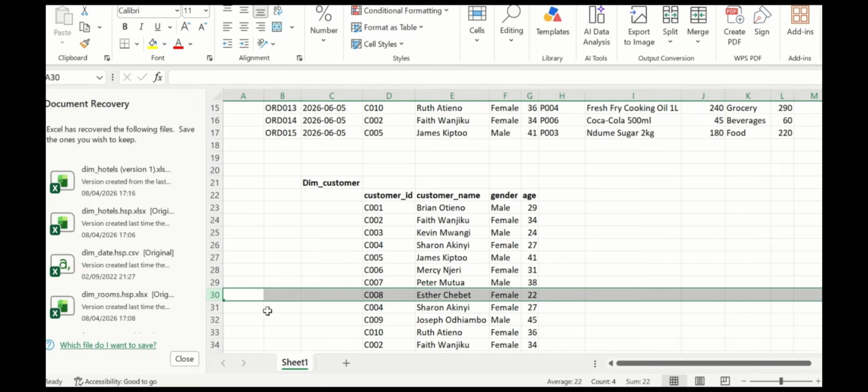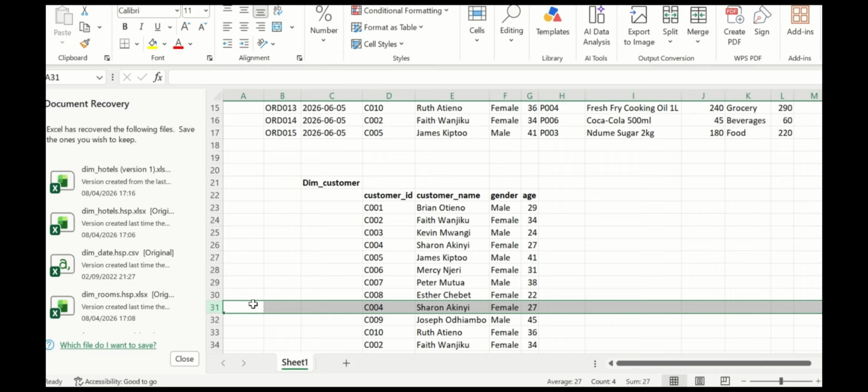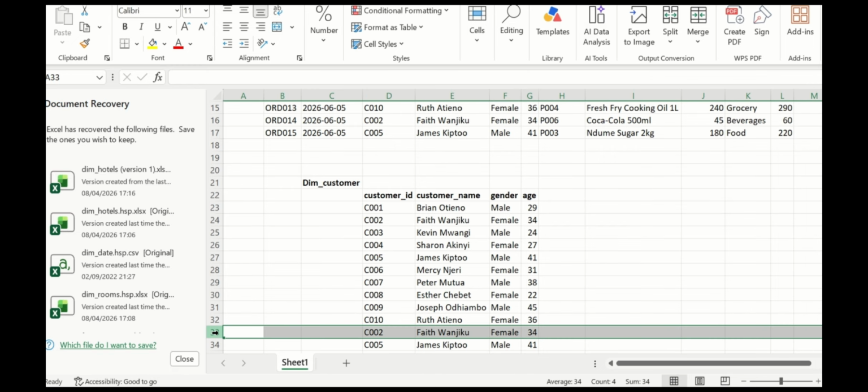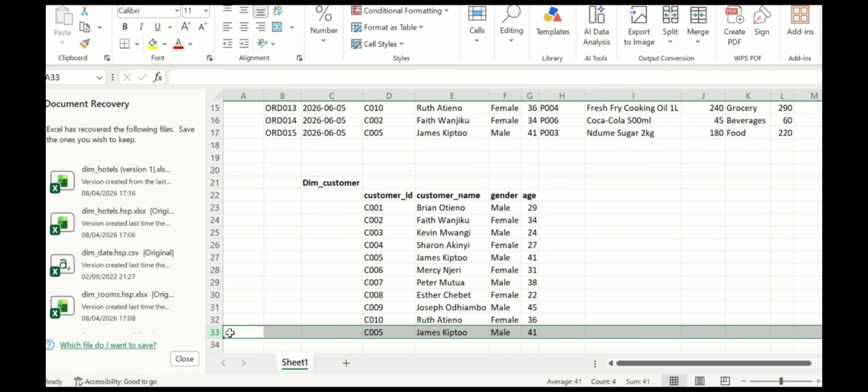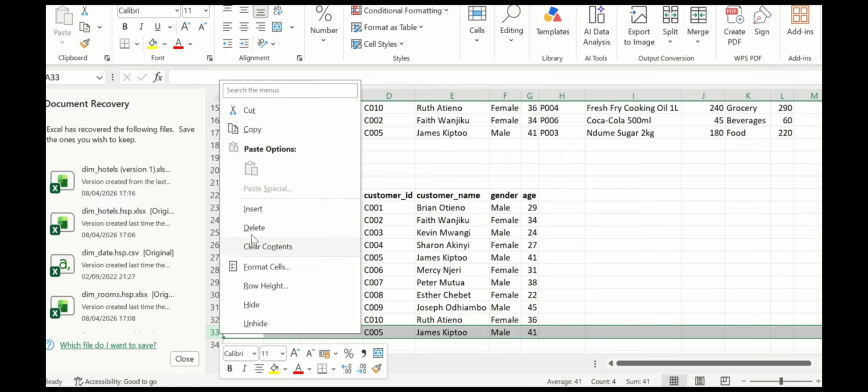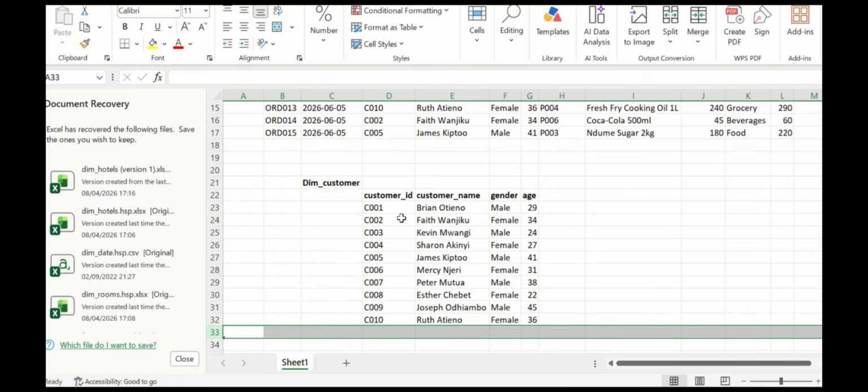And then we have 4 here, also a duplicate. So we only want the unique customers here, and then we have this one also, 2, 2, then also 5. So we remain with only the unique customers here.